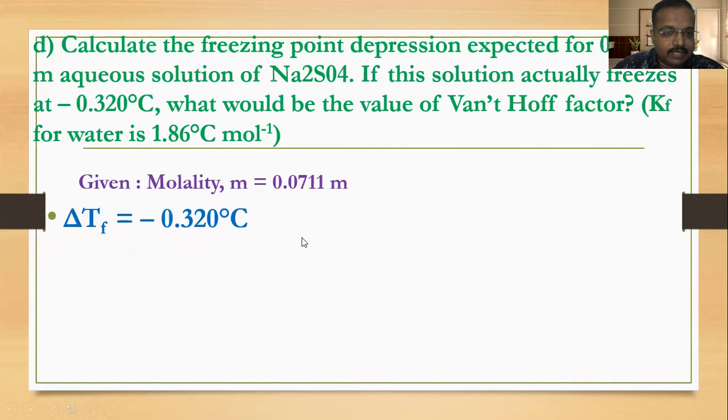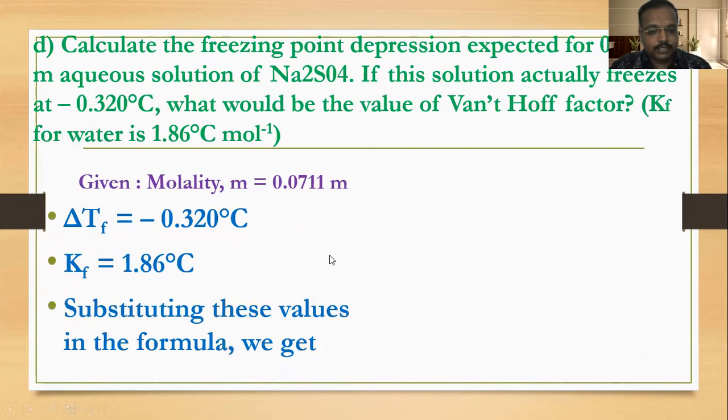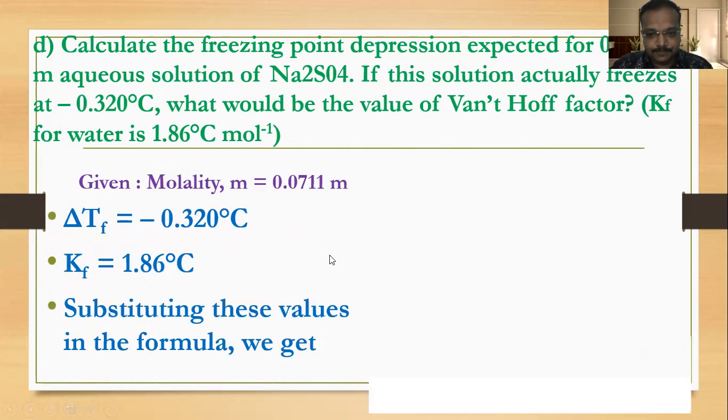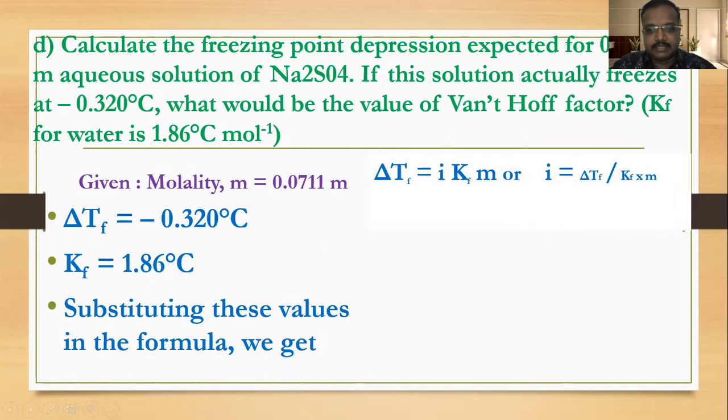Then we have delta Tf as minus 0.320 degrees Celsius, that is the change. Then the Kf value is given, 1.86 degrees Celsius. Now we substitute these values in the equation: delta Tf is equal to i into Kf into m.